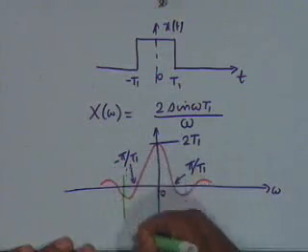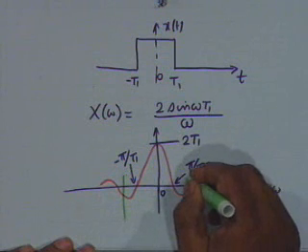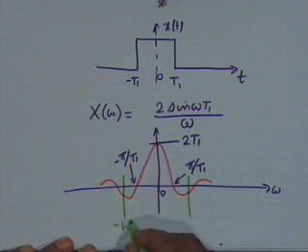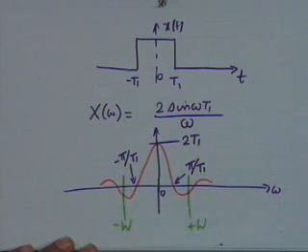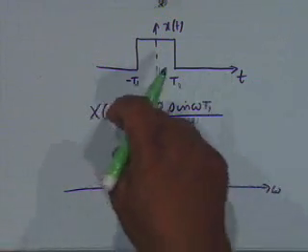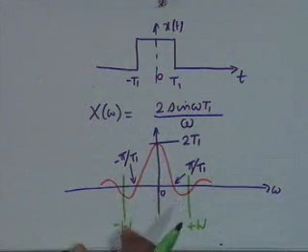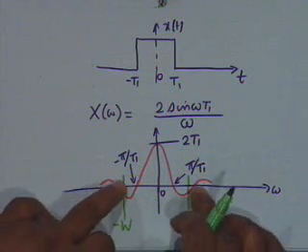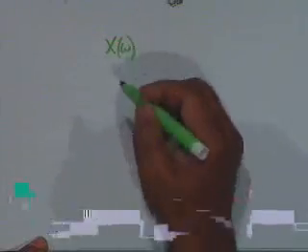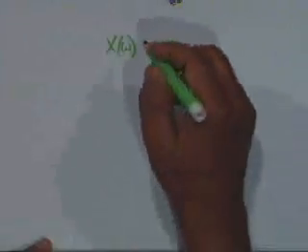What we say is, let's take only a certain finite range of the spectrum. Let's say we truncate between minus w and plus w. This is symmetrical, so we take capital X of omega between minus w and plus w and make the rest of it 0. Which means that the given spectrum capital X of omega, we are not taking from minus infinity to plus infinity.